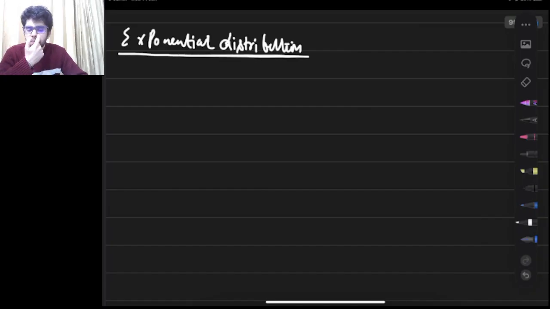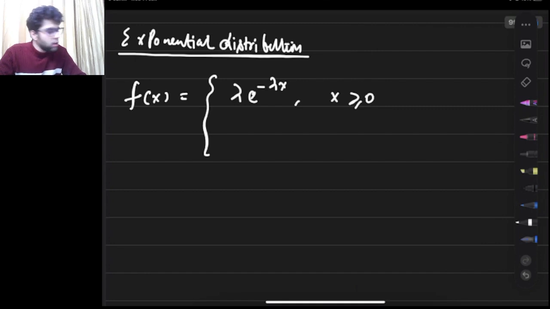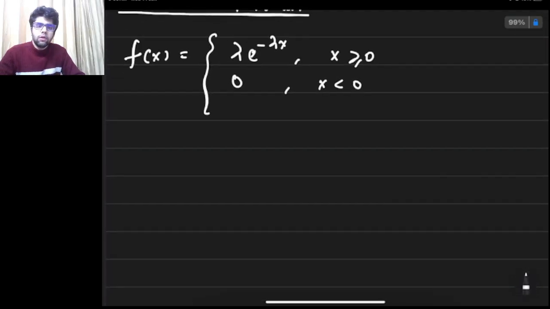Now the PDF is f(x) equal to lambda e to the power minus lambda x for x greater than or equal to 0. Actually it doesn't matter because it's a continuous distribution, so it doesn't matter if we include 0 or not. The probability at a certain point will always be equal to 0. And 0 if x is less than 0. So we know that the domain for the exponential distribution is all positive values of x.